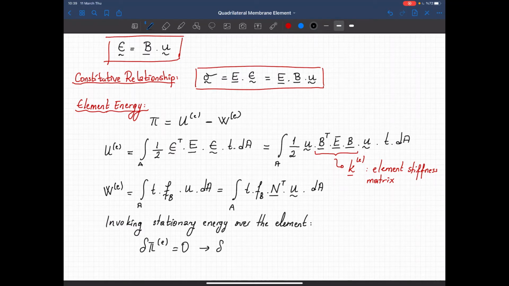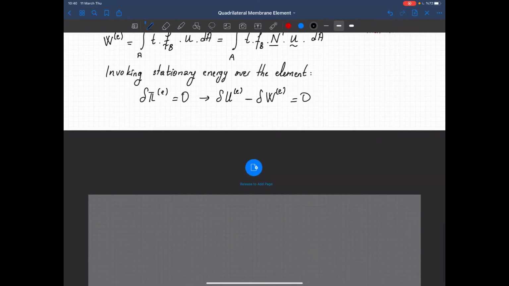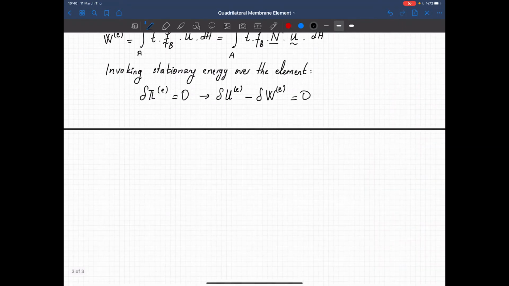So this tells me that the element energy minus the external energy must be equal to 0. And remember that this is our equilibrium condition.